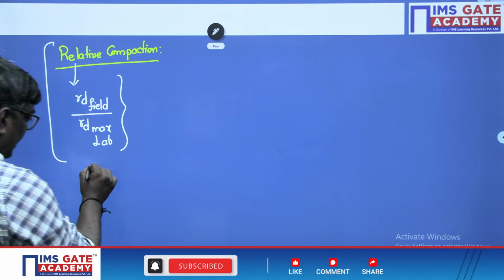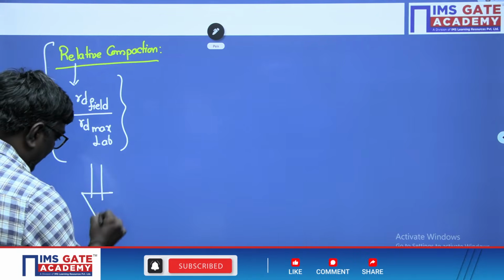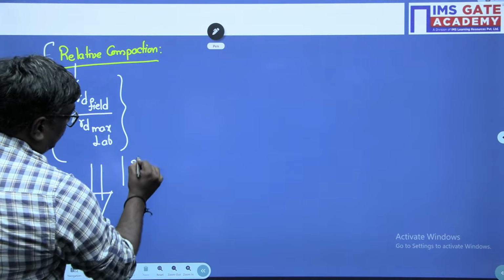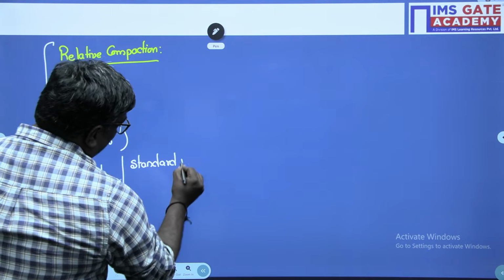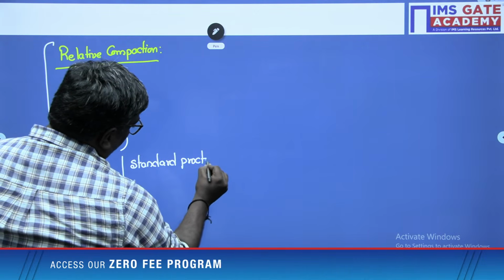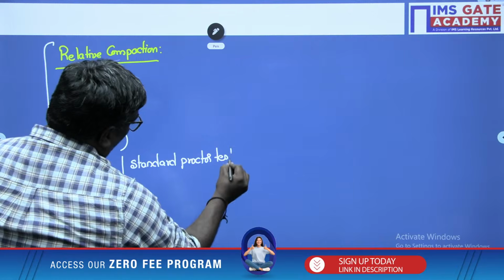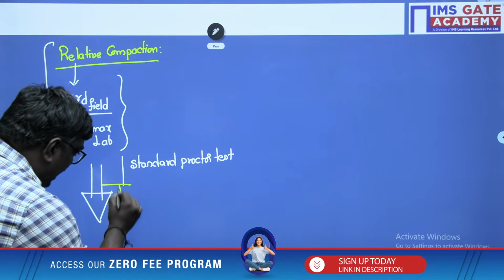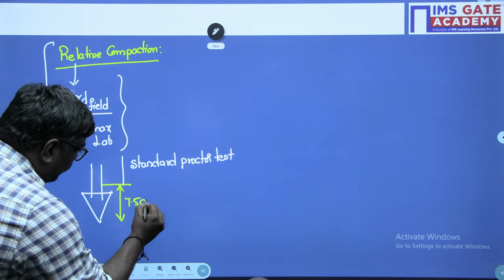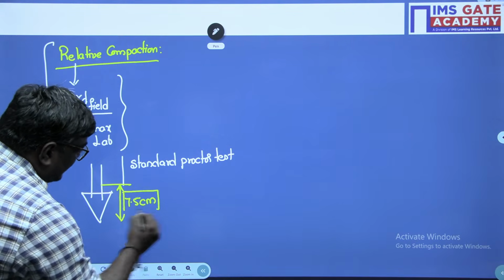Similarly, we have a test called the standard Proctor test. In this, a needle is pushed into the soil for a depth of 7.5 centimeters.